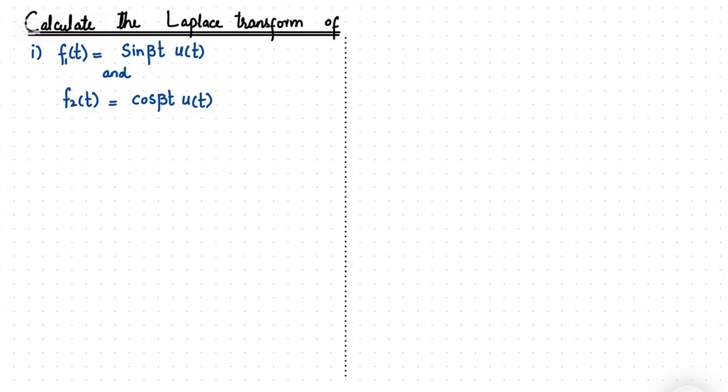Practice problem related to the derivative property: calculate the Laplace transform of two functions. One is sine of beta t into u of t, and the second one is cos of beta t into u of t.